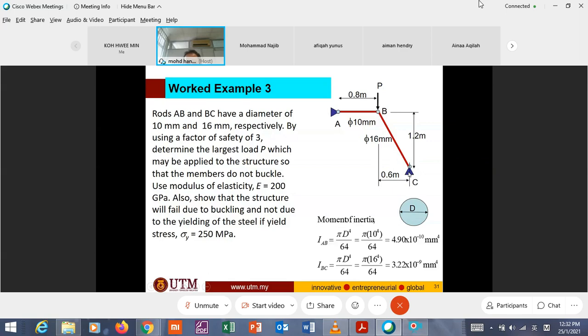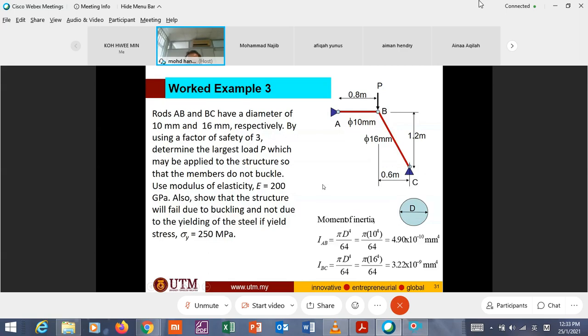If you change this to roller, you must change this hinge to rigid or welded. Then it becomes stable. So in this case, I repeat, since it is pin here, you have 4 reactions. Even though it is pin, this structure is stable.